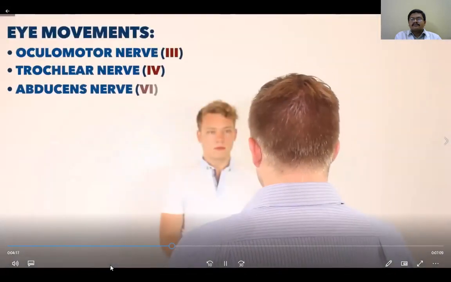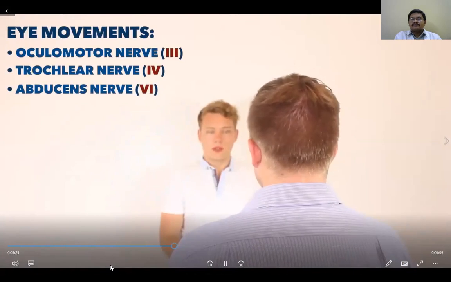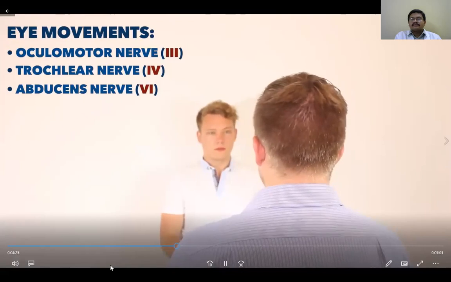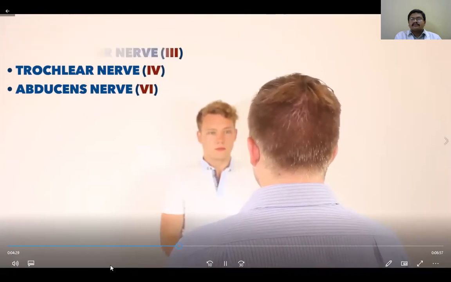I'd now like to assess the movements of your eyes. First of all, have you got any double vision at the moment? No. Okay. Do let me know if you have any double vision throughout the exam. But I need you to keep your head perfectly still, and I'd like you to follow my finger.